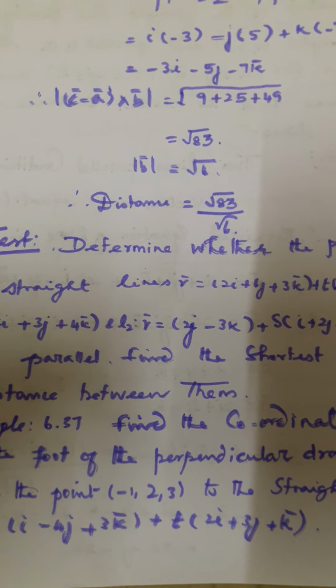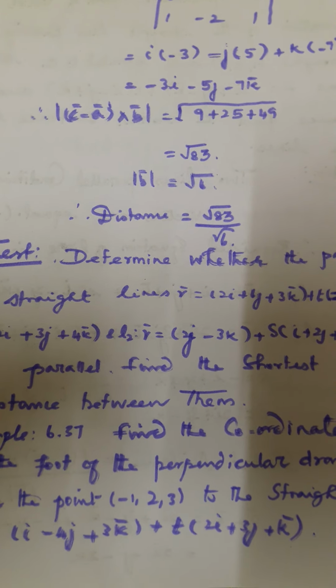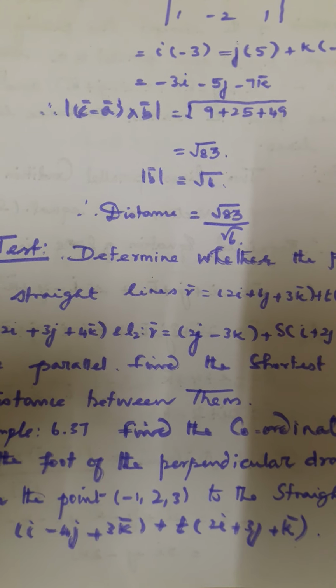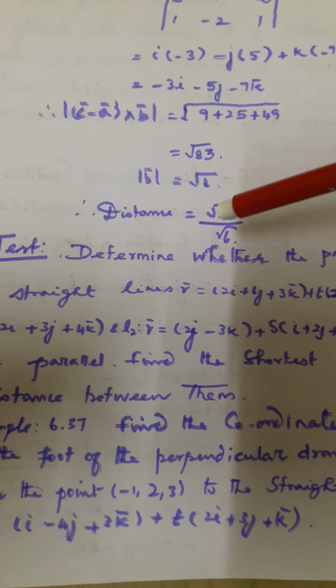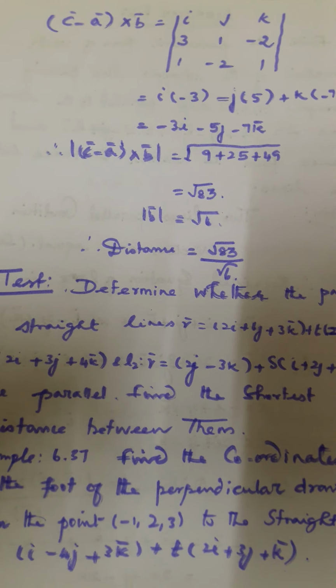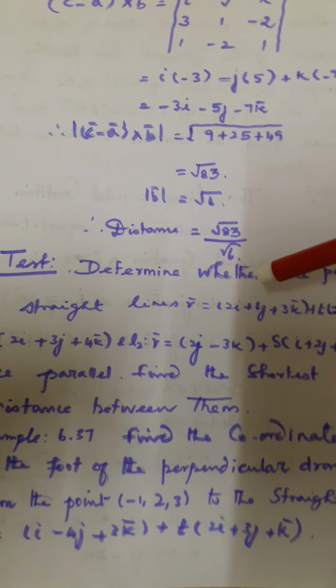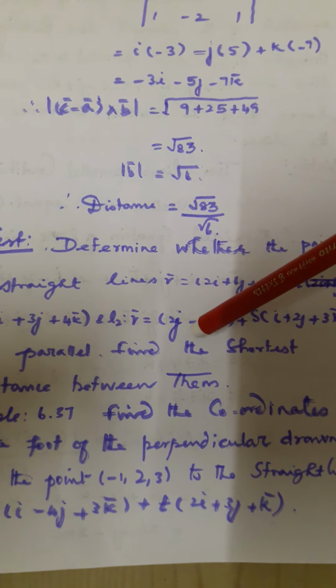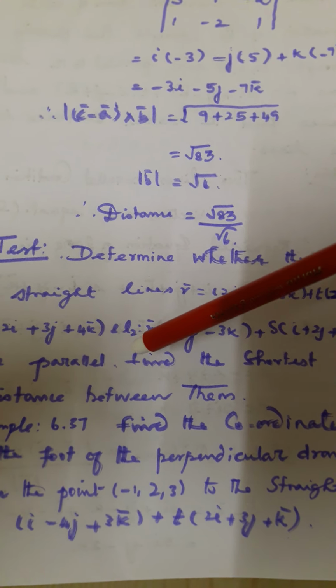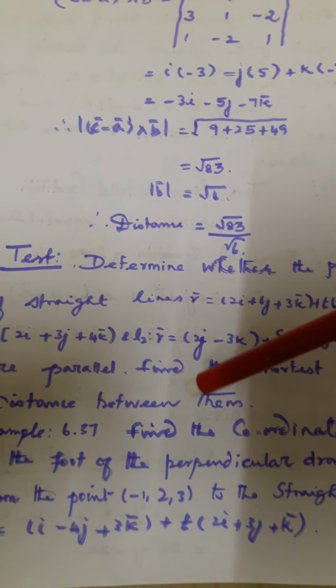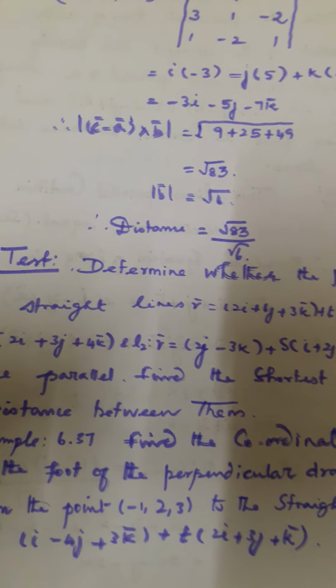Okay, so that's it. For our testing we have one more question. Determine whether the pair of straight lines, given as vector equations, are parallel, and also find the shortest distance between them.